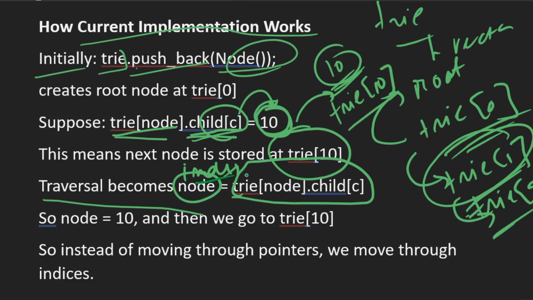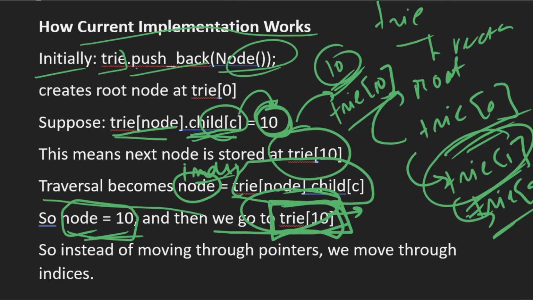We get the index from here. Suppose our node is equal to 10, that means our index value is 10. That means now we need to go to trie of 10. The next node is at trie of 10, right? So now if you see, instead of moving using pointers, we are moving through indexes.